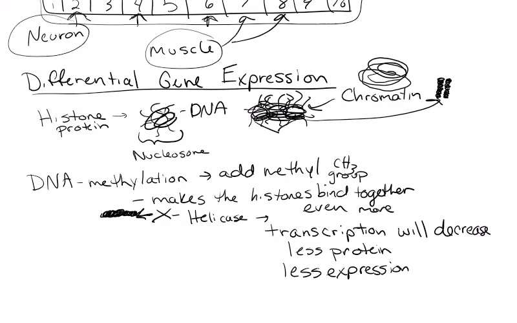Now, can we get rid of these methyl groups? Yeah, we can. We can demethylate, okay, or take away methyl groups, in order to make more protein. And there's a lot of diseases out there where we're trying this, and a lot of our genetic trials right now, there's a lot of diseases where genes aren't being expressed, and that's why children are having issues with some of the disorders they're having.